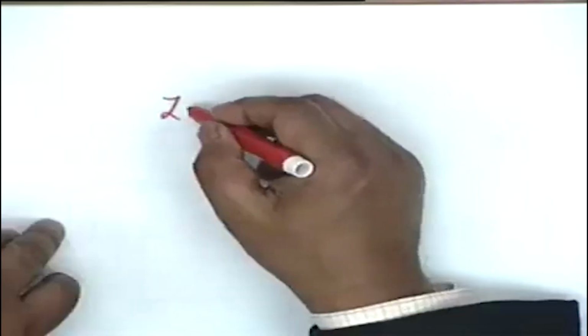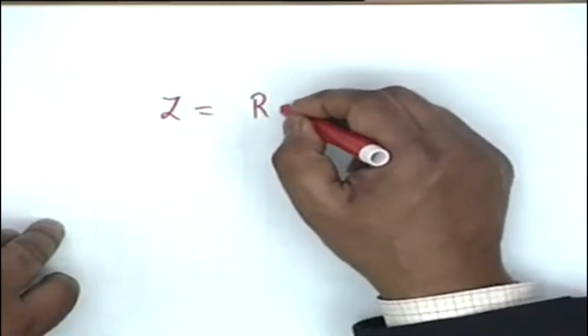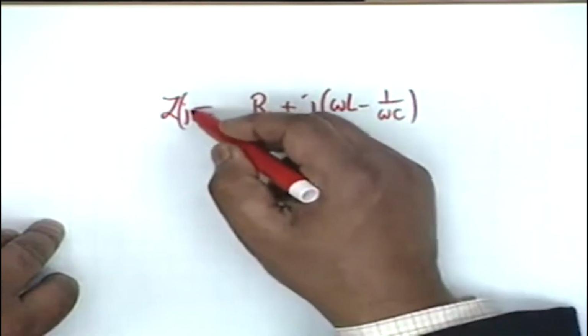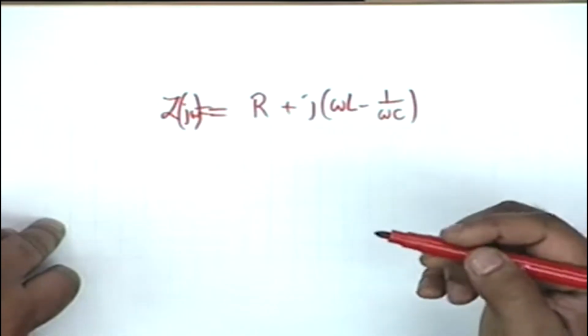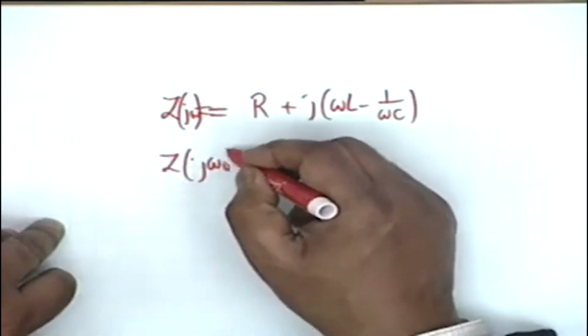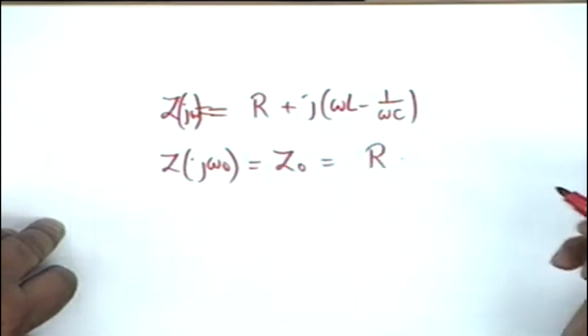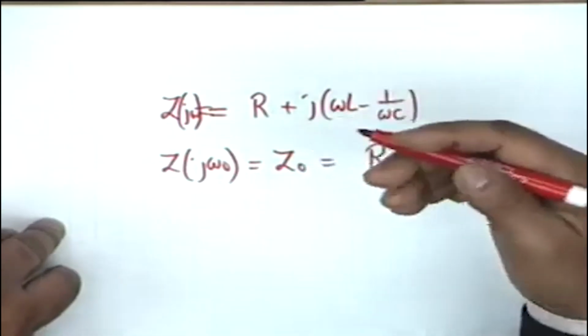If we take the question of series resonance, Z equals R plus j omega L minus 1 by omega C. This is Z of j omega at any frequency, and you know that at resonance Z of j omega 0, if I call this Z0, is simply equal to R. If I could express the phenomenon of resonance in terms of dimensionless quantities, that is, quantities which are independent of the actual values of resistance, capacitor and inductance, it would be very welcome.